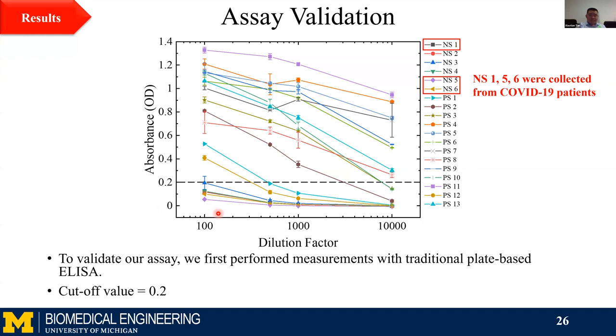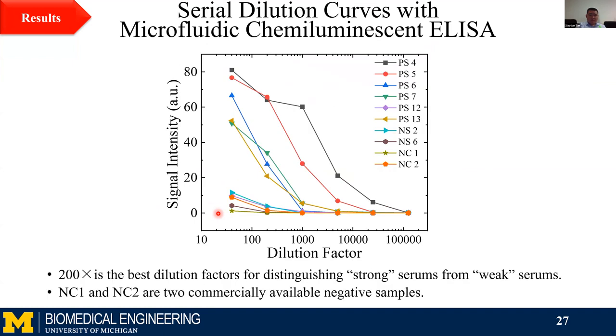Let's see what will happen with our system. Here are serial dilution curves with our own microfluidic chemiluminescent ELISA system. We performed multiple dilution factors, in fact 6 dilution factors, starting from 40 times, with 5 times serial dilution all the way down to around 100,000-fold dilution.